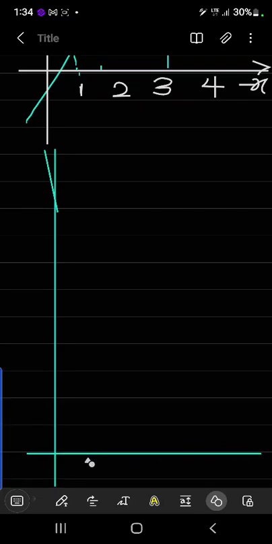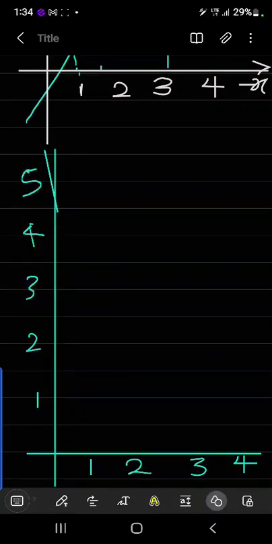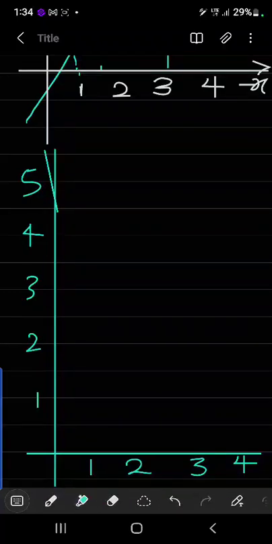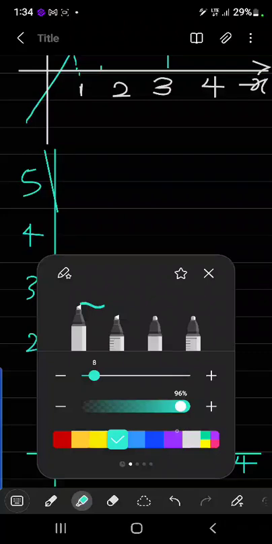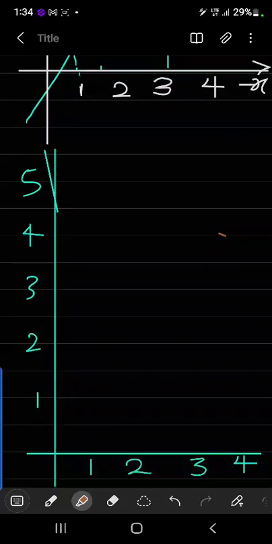Now let's say I pick a 1, I put a 2, I put a 3, I put a 4, I put a 5 here. Now, are we good? Now, let's say I plot a graph like this.